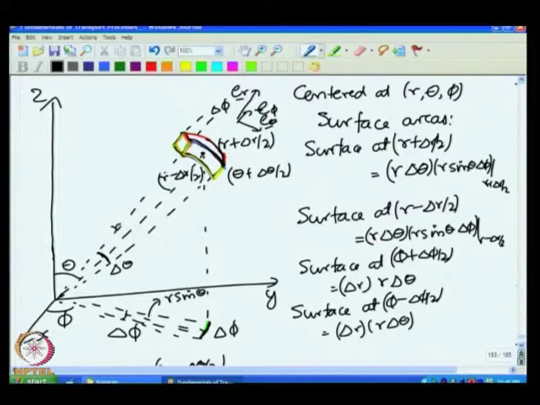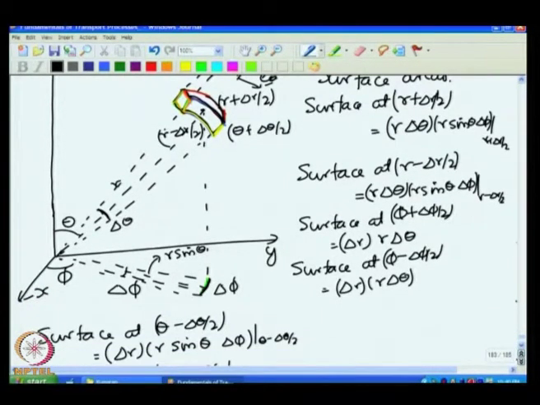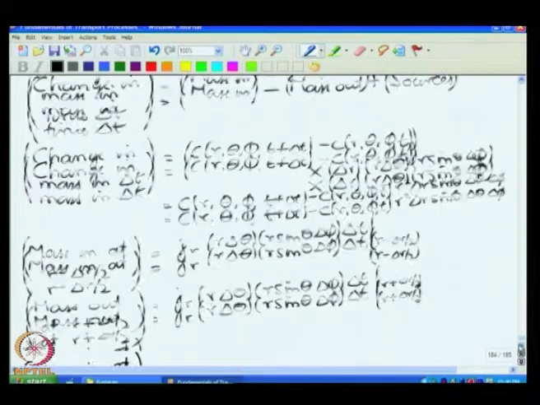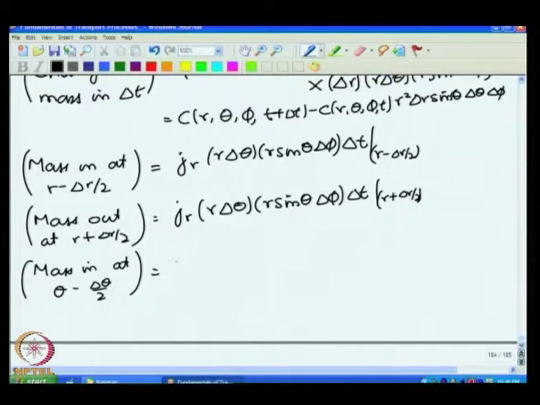Okay. Therefore, in the theta direction, the mass in is going to be equal to the component of the flux in the theta direction, J theta, times the surface area. The surface area for that surface on top is equal to delta r times r sin theta delta phi at theta minus delta theta by 2.